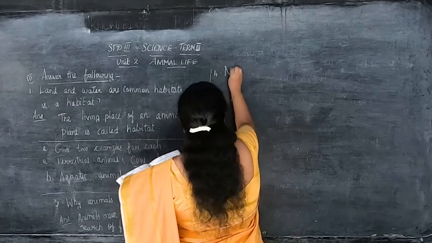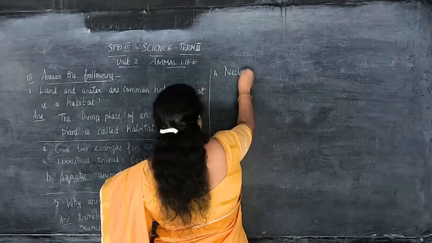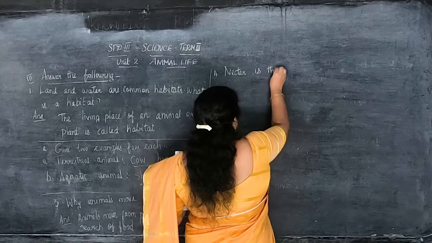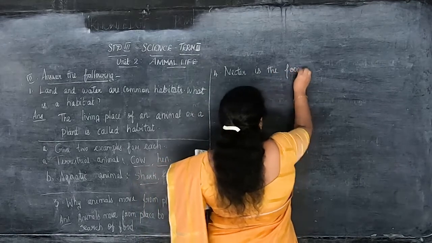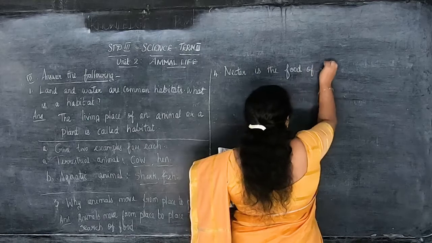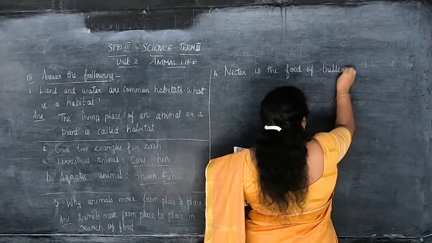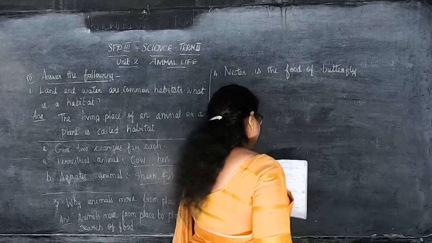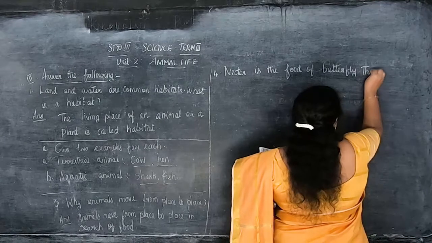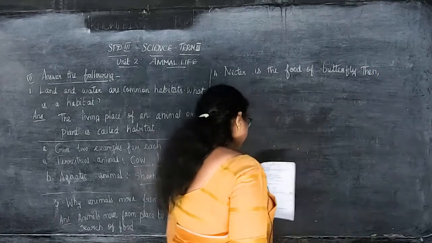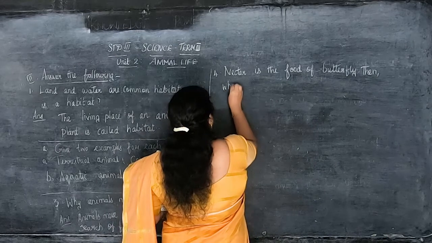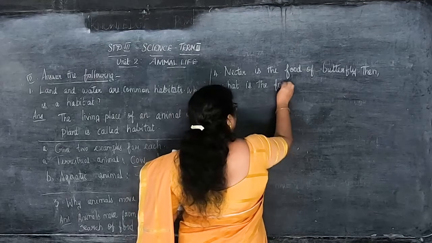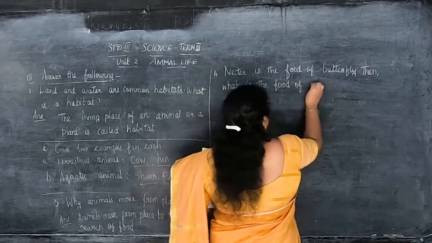Nectar is the food of butterfly. Then what is the food of earthworm?